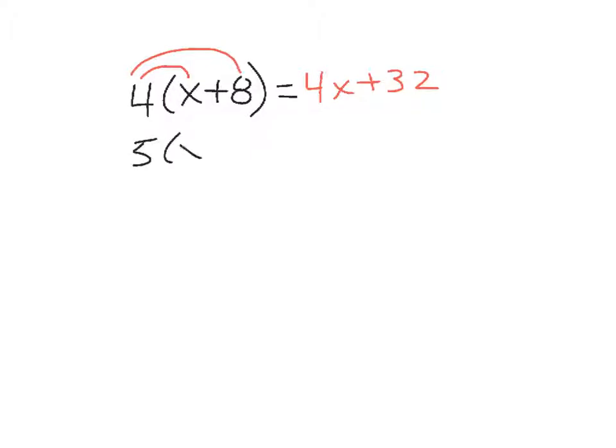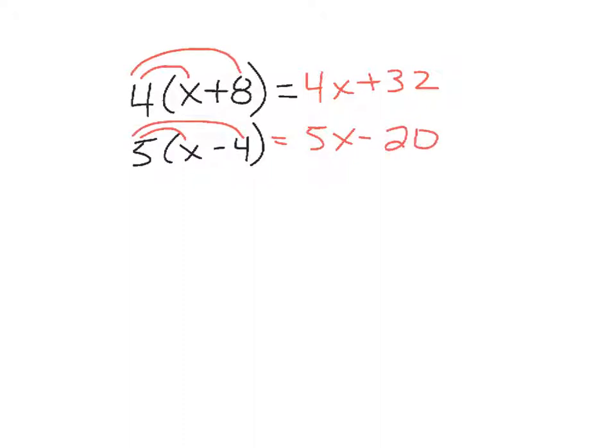If you have the expression 4 times x plus 8, and you wanted to write that without parentheses, remember that you can always use the distributive property: multiply 4 times the first term inside the parentheses, and also multiply 4 times the second term, so you get 4x plus 32. If you had 5 times x minus 4, we would do the same thing, and we would get 5x minus 20.